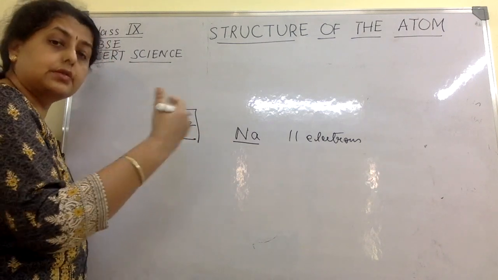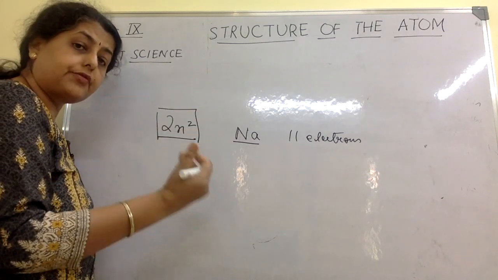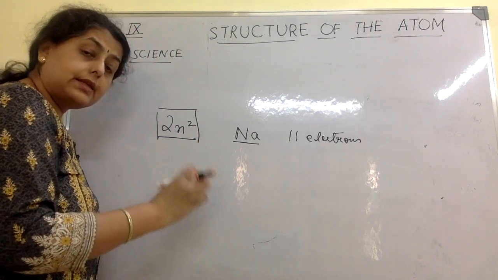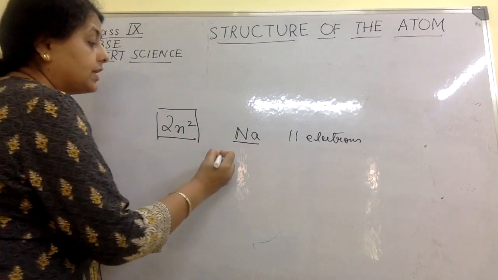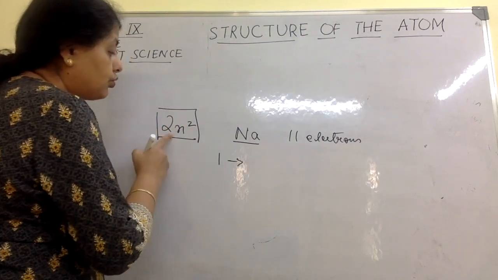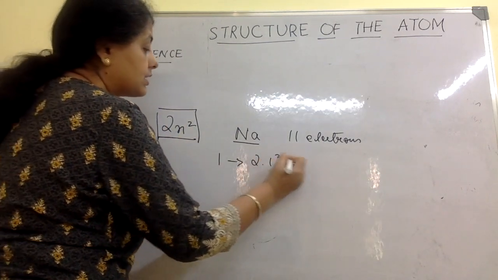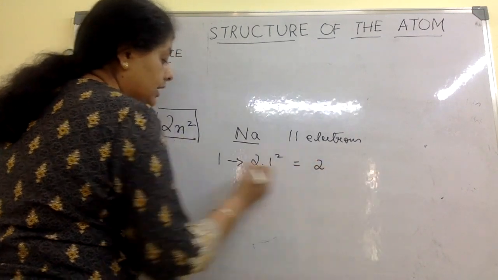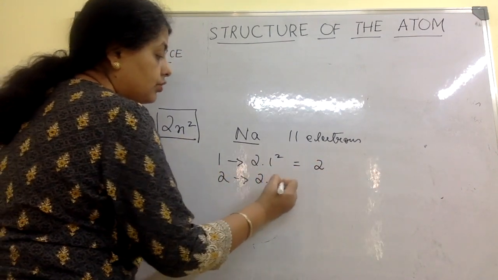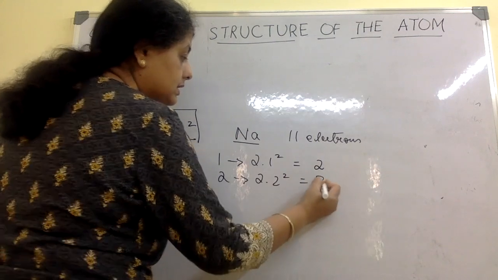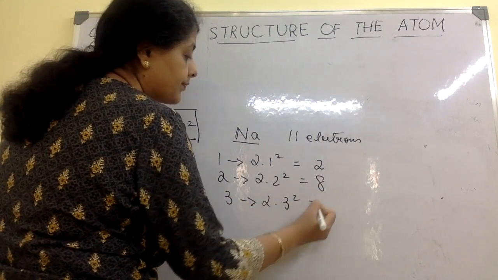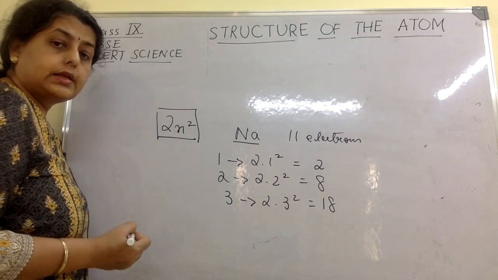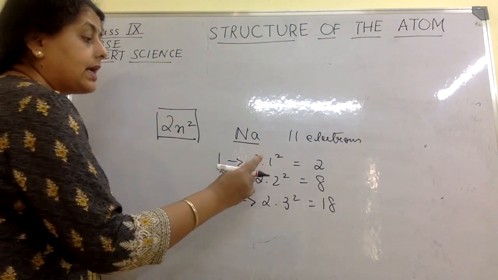How will we distribute it in the different orbits? Following this formula, in the first orbit, 2 into 1 square, which is a 2. In the second orbit, 2 into 2 square, which is an 8. In the third orbit, 2 into 3 square, which is 18.